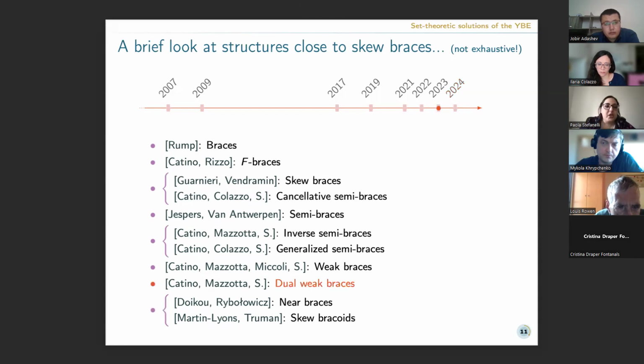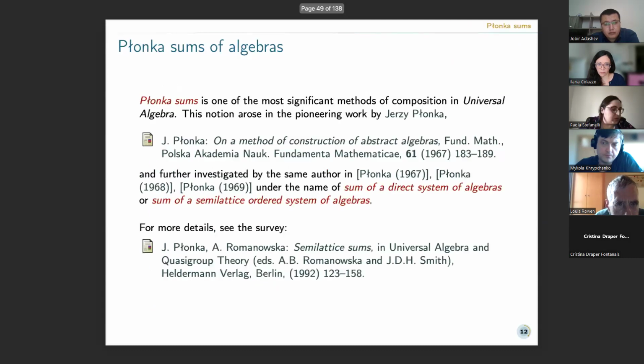sums. So I would like to say something about Płonka sums. This is also the title of my slides. Płonka sums is one of the most significant methods of composition in universal algebra that arose in the pioneering work by Jerzy Płonka in 1967.